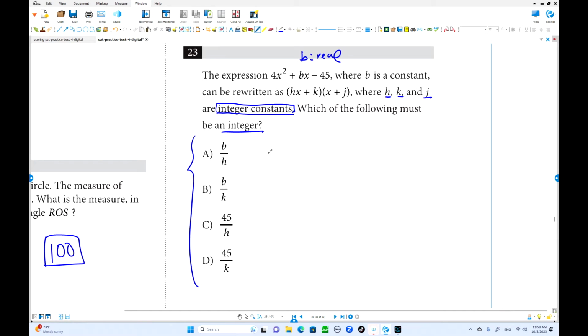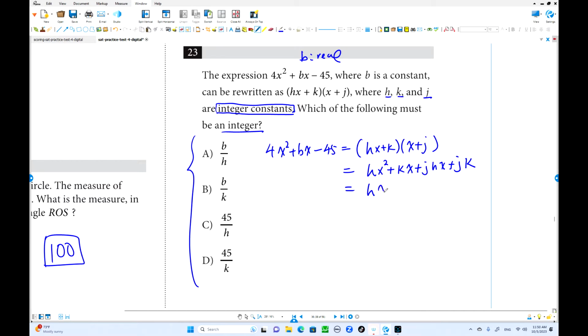So we can express this one. Okay, so 4x squared minus bx minus 45 is equal to what? Factor the form, right? (hx plus k)(x plus j) over here. Okay. So when you expand over here, what is the hx squared and k times x and jhx and j times k is what? jk, right?